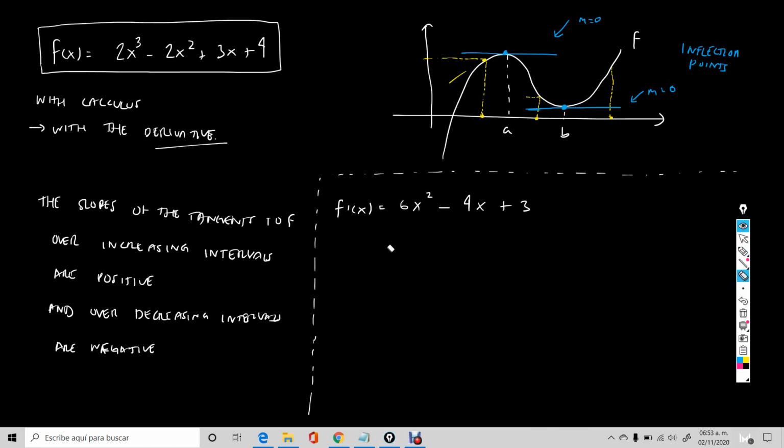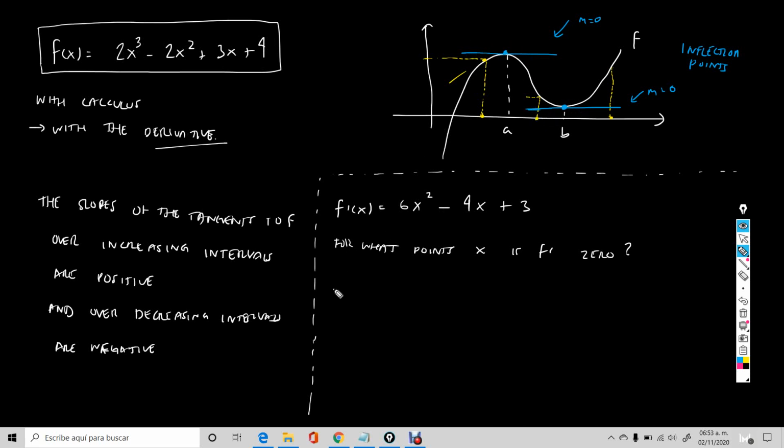Okay, now what I can do next is this. I can ask myself for what points x is f prime 0. So basically, for what points of the graph of this function do I get that the slopes of the tangents are 0?